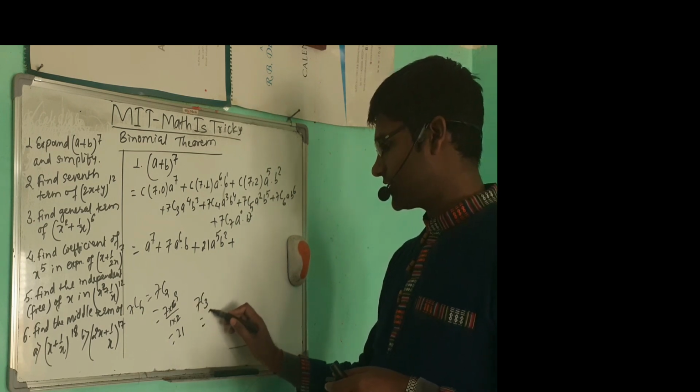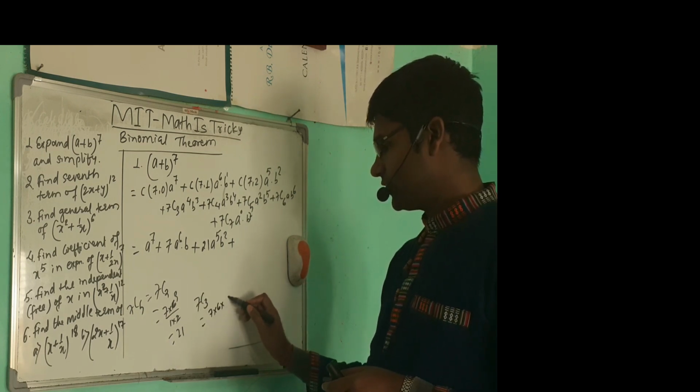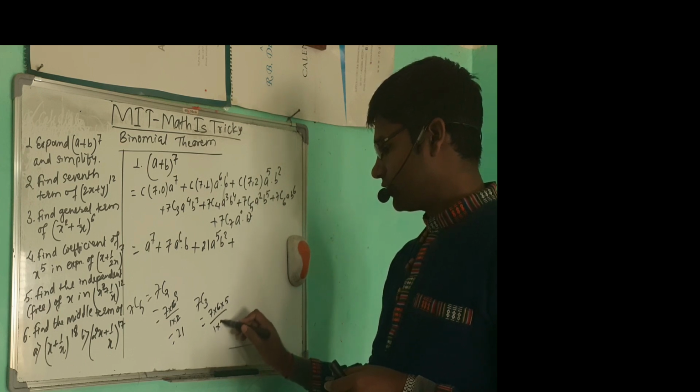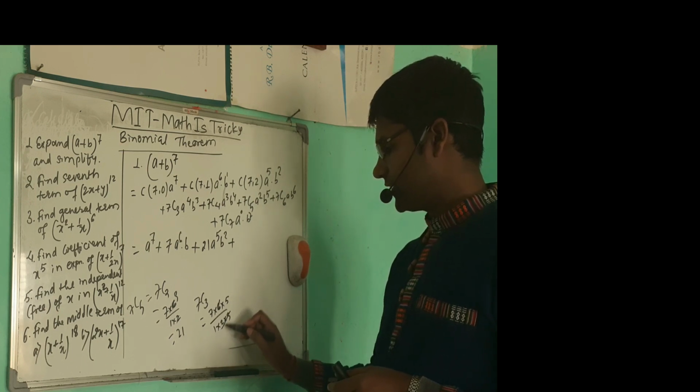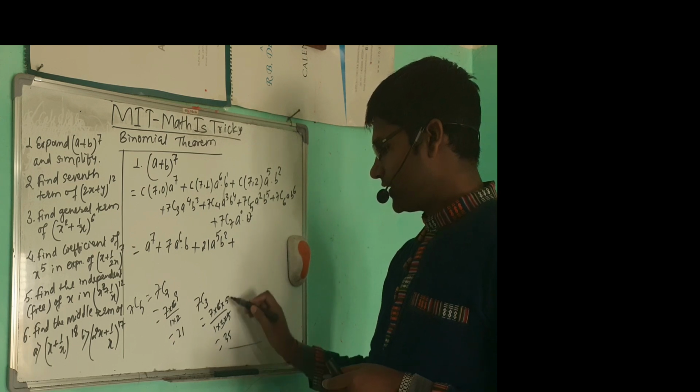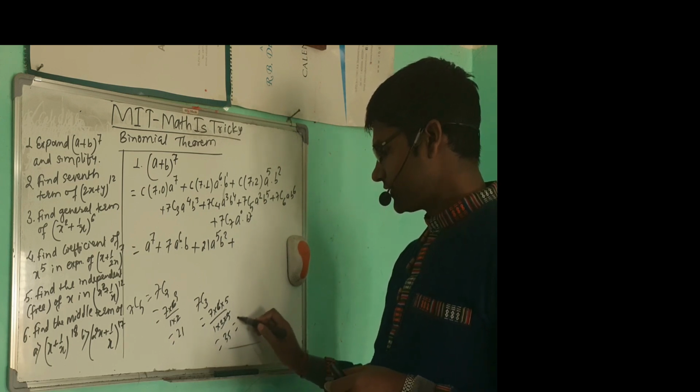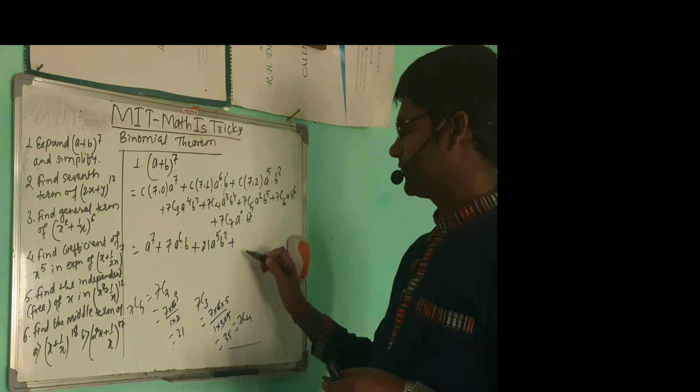7c3 is simply 7 into 6 into 5 by 1 into 2 into 3, so we'll be getting 35, and it equals also 7c4.